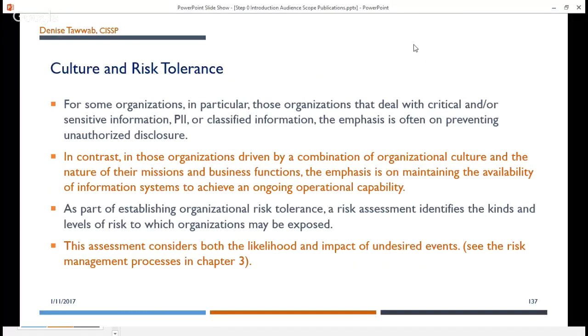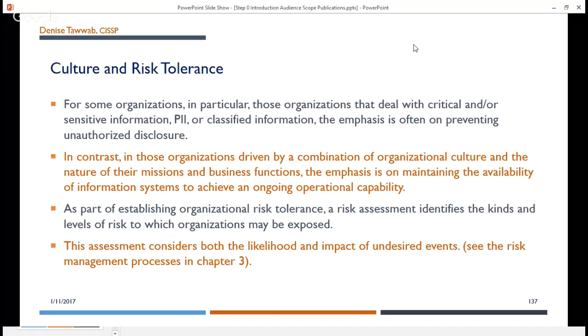For some businesses in particular, those organizations that deal with critical and/or sensitive information, PII, or classified information, the emphasis is often on preventing unauthorized disclosure. In contrast, in those organizations driven by a combination of organizational culture and the nature of their mission and business functions, the emphasis is on maintaining the availability of information systems to achieve an ongoing operational capability.